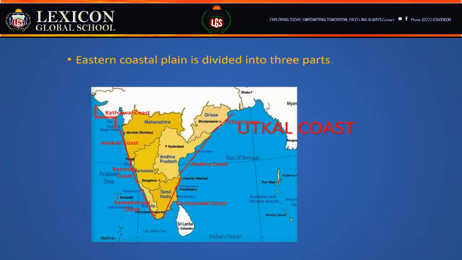The one of Andhra is known as Andhra coast, and the coastal area of Tamil Nadu is the Coromandel coast. With this, we complete the coastal plains. Now we move to the next physiographic division. The next physiographic division is the islands.